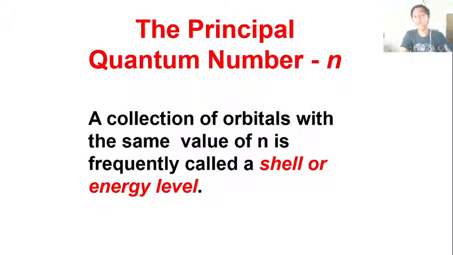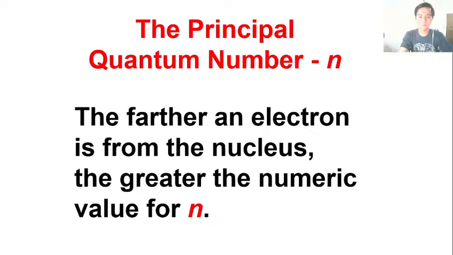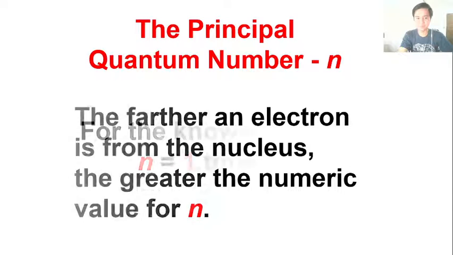So again, the principal quantum number is also called a shell or energy level, and this energy level contains orbitals with the same value of n. Again, the farther an electron is from the nucleus, the greater the numeric value for n.